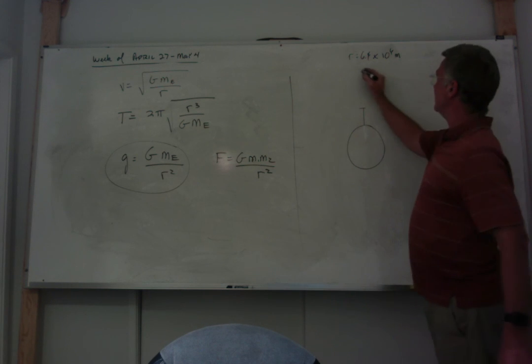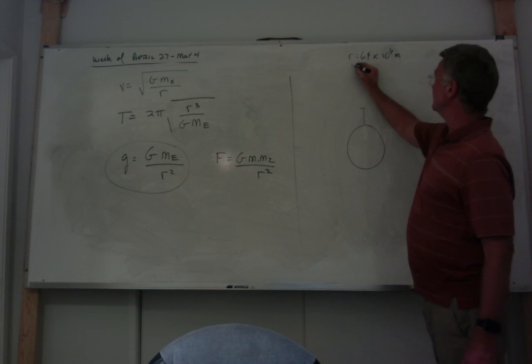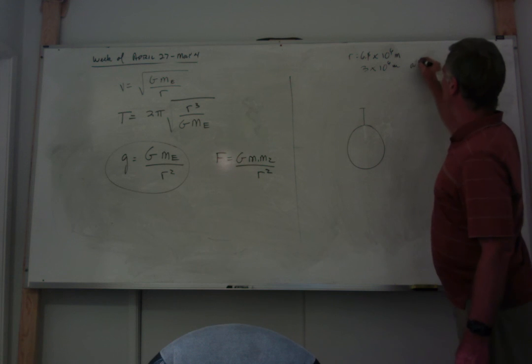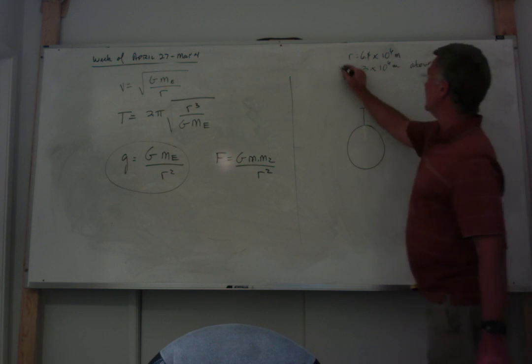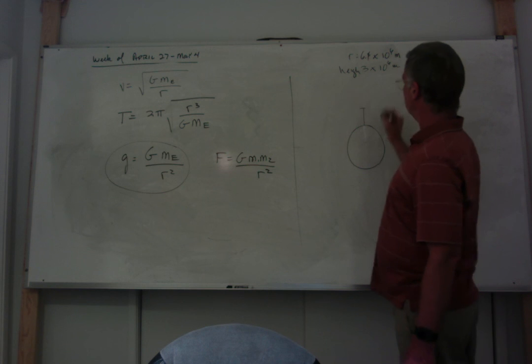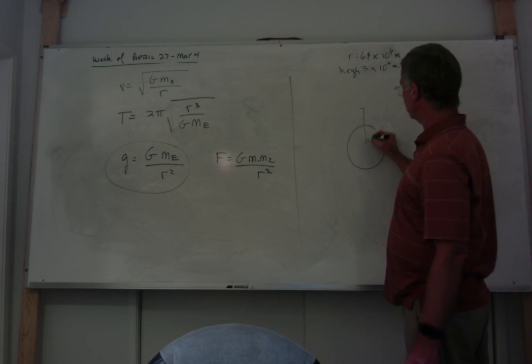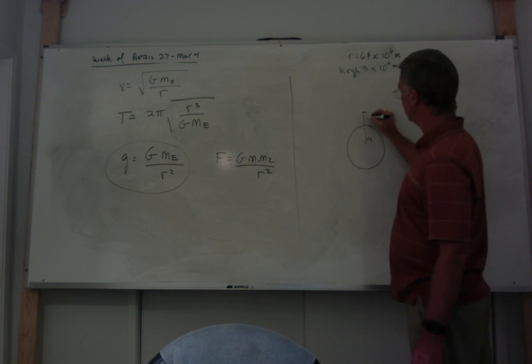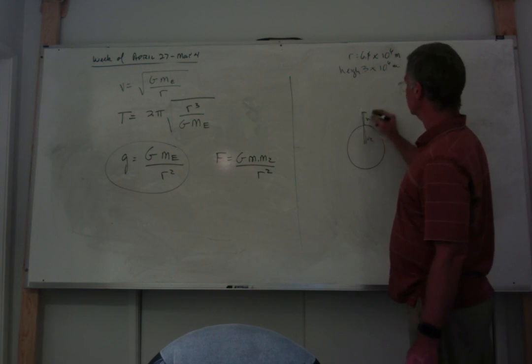If they say that an object is 3 times 10 to the 6 meters above the Earth, that's the height. But the radius of the Earth and the height are not what we're after. What we're after is this distance.